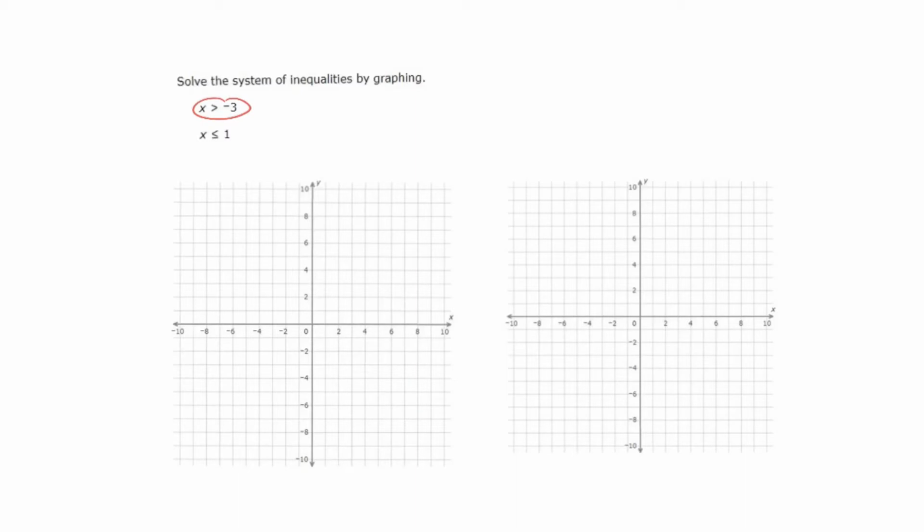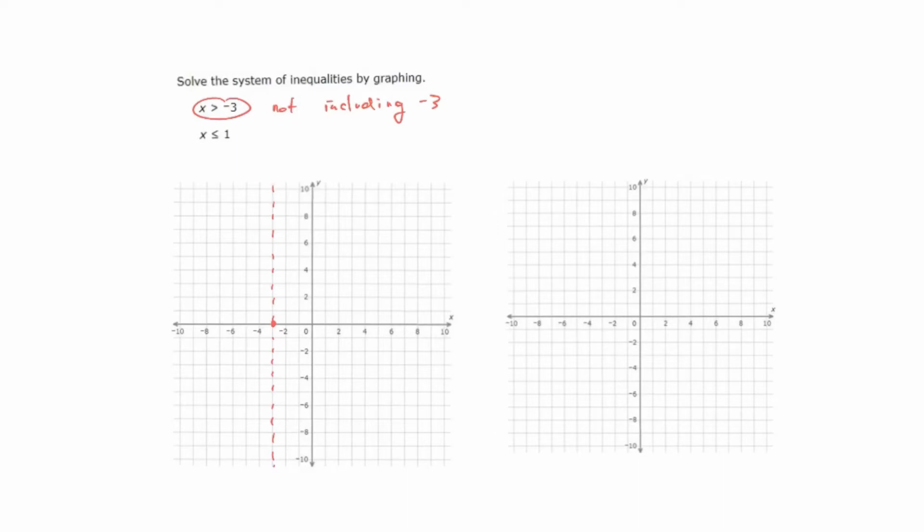And we have x is greater than -3. So we find where x is -3, and we're going to make a dashed line. The reason for that is because we are not including -3. It's greater than -3. It's not equal to -3.